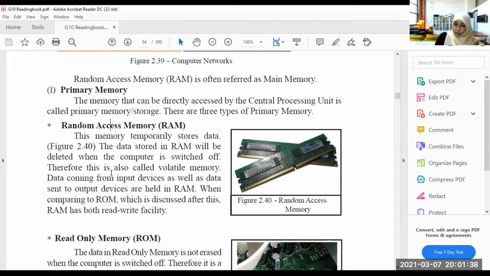Data coming from input devices as well as data sent to output devices are held in RAM. You know that; I showed it in the architecture of the computer. When comparing to ROM, which is discussed after, RAM has both read and write facility. So in RAM, we can read data and information, and also we can write data and information.